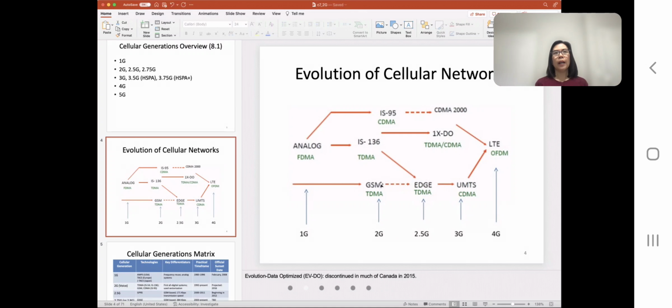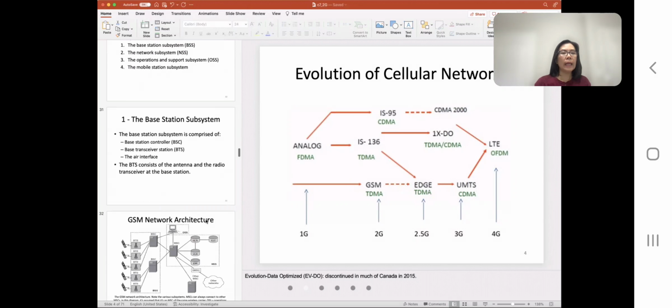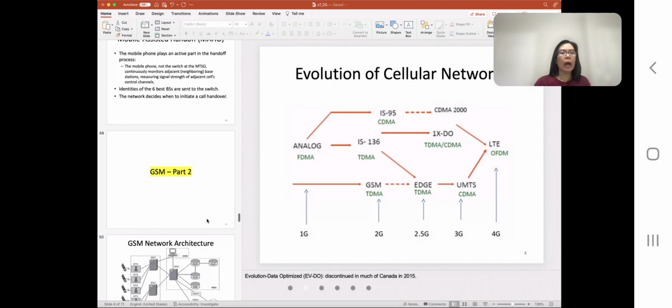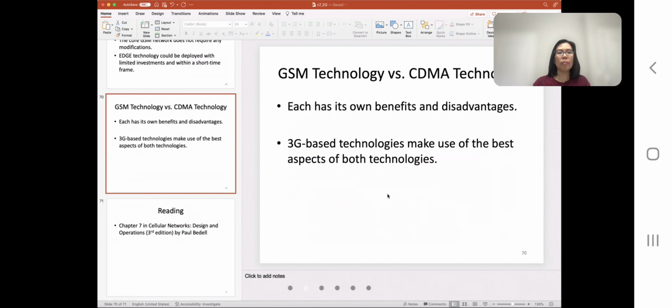And then at that time, before they moved to 3G, there was a debate about which technology is better, GSM or CDMA, all right? And at the end of the day, the conclusion is that each has its own benefits and disadvantages.